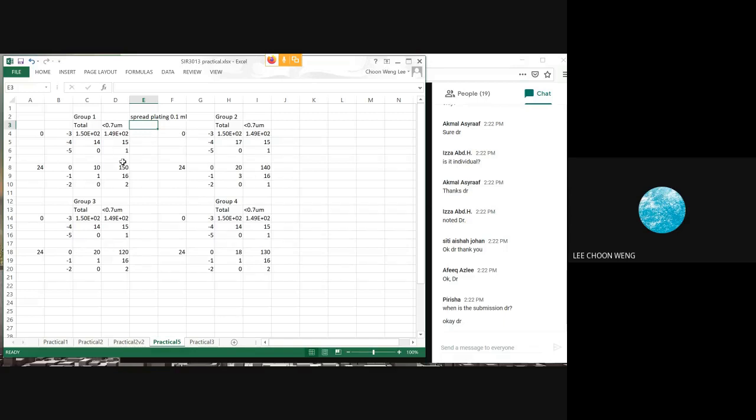For example, for this the count is 1500 CFU per ml, whereas for this the count is 1490. It's 1500 because it's 0.1 ml. So after 24 hours you get about 100 here, and here you get about 1500.